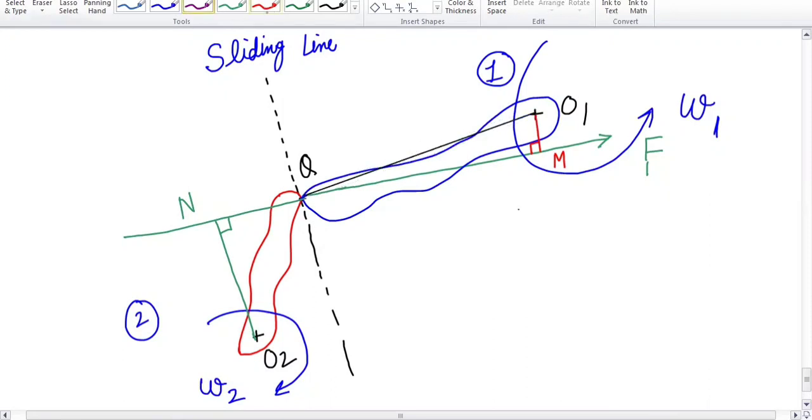Let me make it red so that you can clearly see what triangle we are talking about. That triangle is QMO1. This triangle I'm going to discuss. Now again, I'm joining Q to O2. These two triangles are going to be of a lot of use to us.